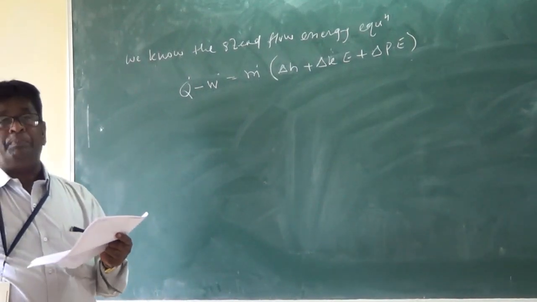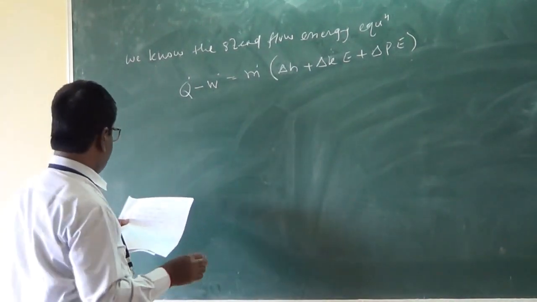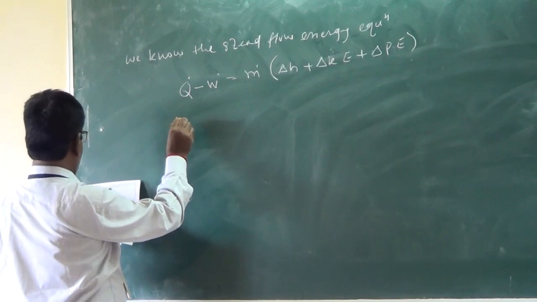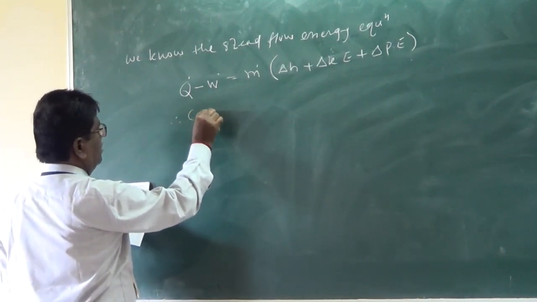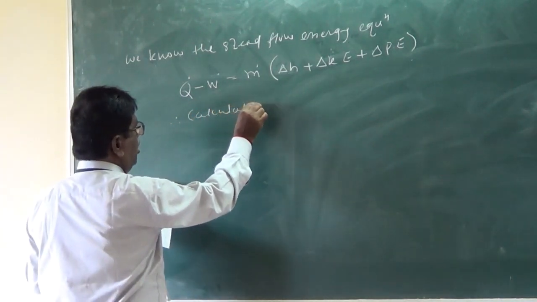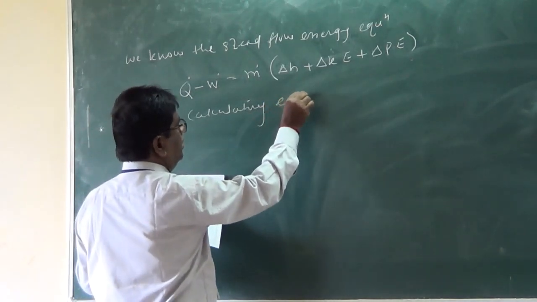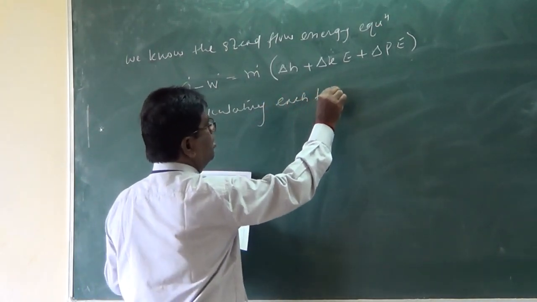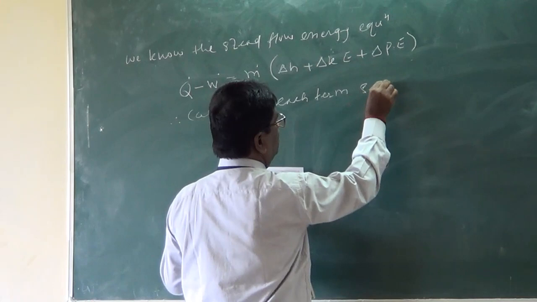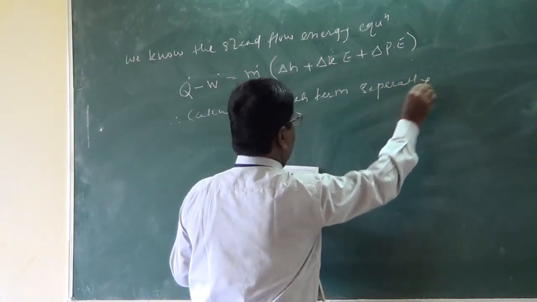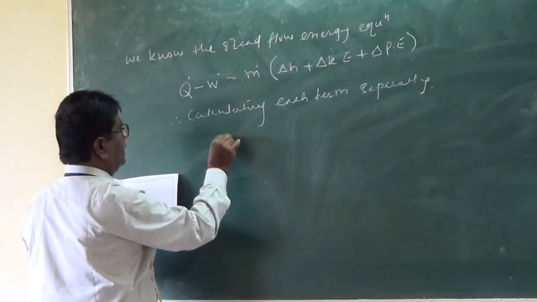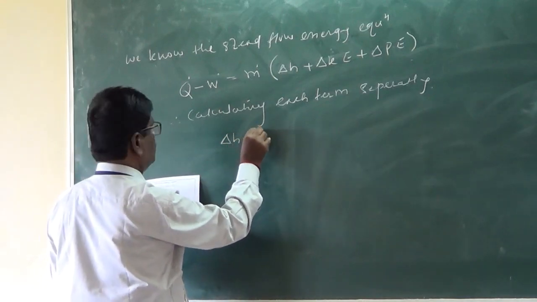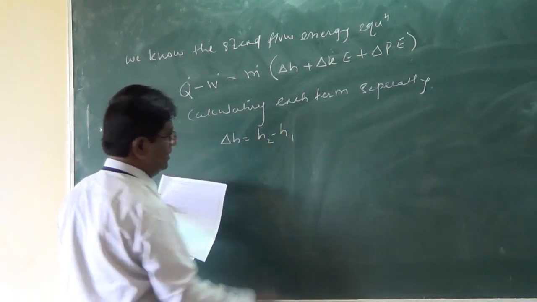We can calculate each term separately. Delta H is equal to H2 minus H1.